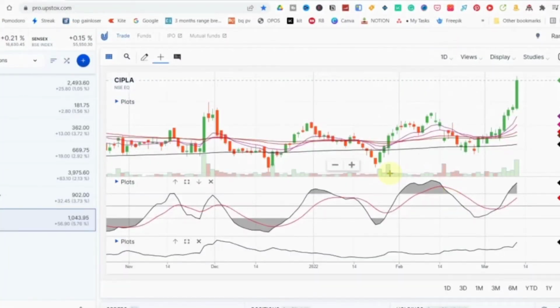So now I am checking whether these stocks are above 200 EMA in 1-day time frame. So let's see.